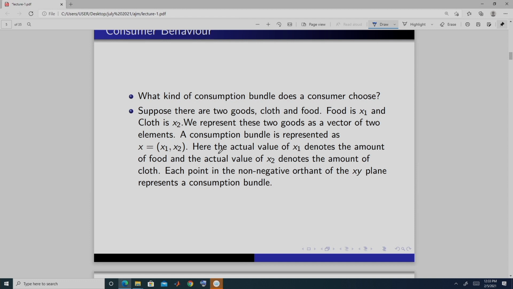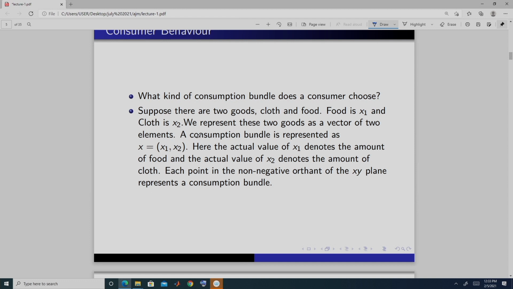It can be any good but only two goods. And these two goods are represented as a two element vector, that is x1, x2. x1 is for good 1, x2 is for good 2, and good 1 is food and good 2 is cloth.